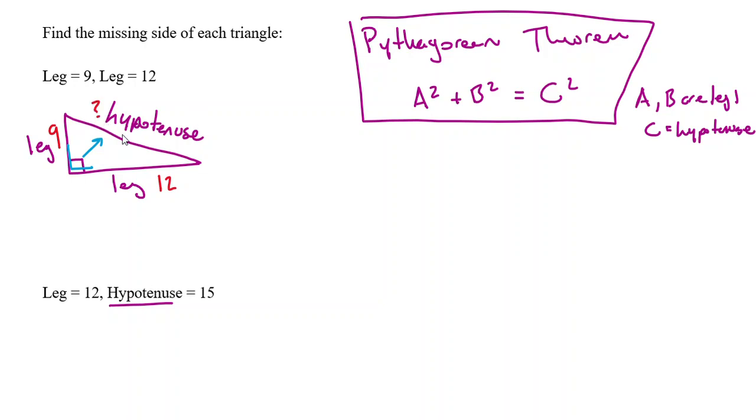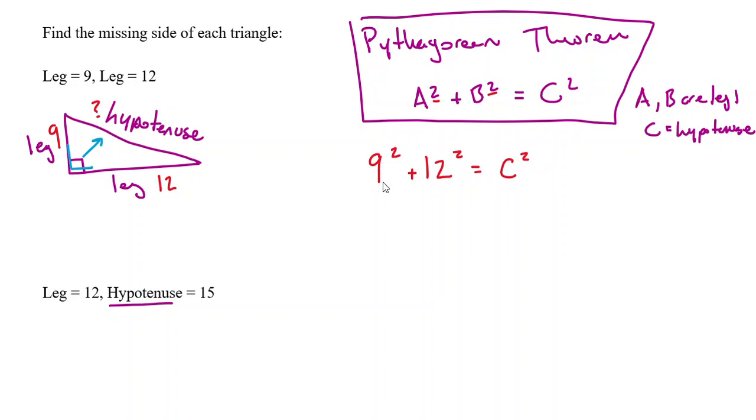is the hypotenuse? Well, according to the Pythagorean theorem, if you take the two legs, 9 and 12, and you square them, and then add them together, that will equal the hypotenuse squared also.